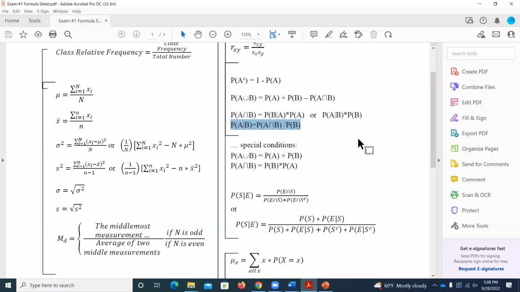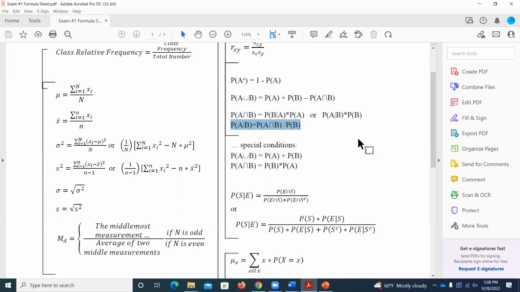So the numerator is the probability of my state of nature, that they're not using, times the probability of E given my state of nature, so the probability the test comes back positive given that they're not using.